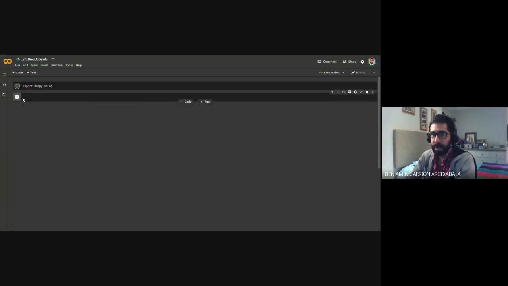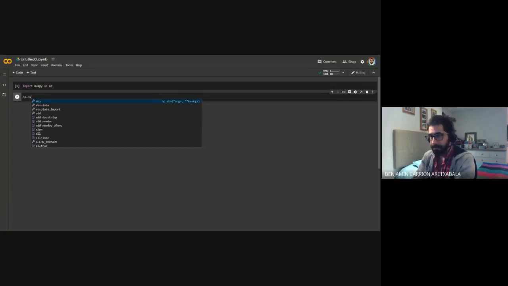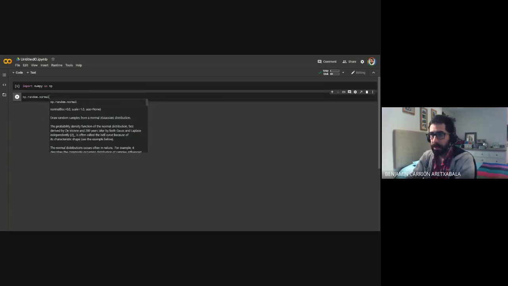You can execute it by clicking here on run cell, or by pressing Shift Enter. It doesn't matter. Then you can do all the things that you normally do with NumPy, like, I don't know, random normal. You create a random normal variable.